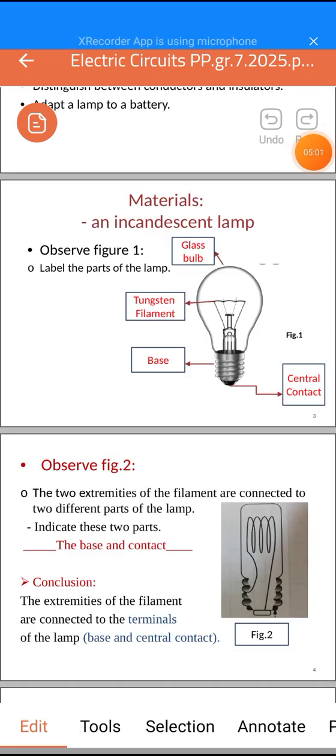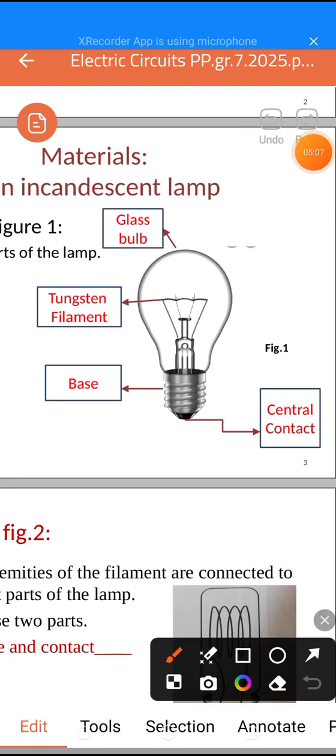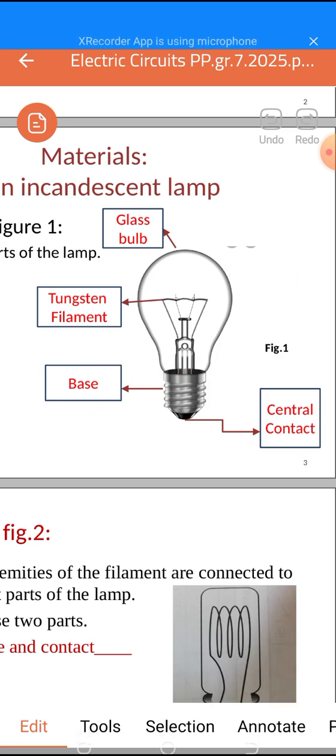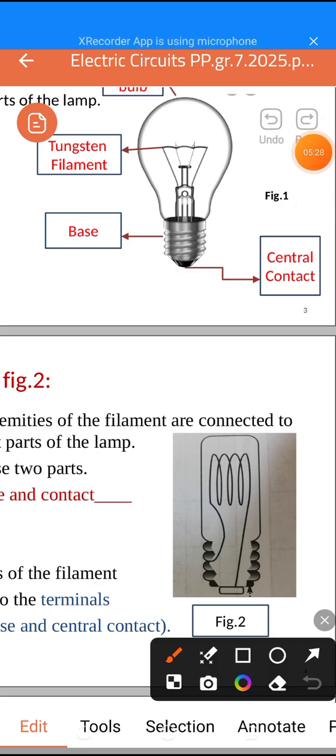So, quick revision. We took the incandescent lamp, we labeled its parts on the figure. Then we said that the base and the central contact are called the terminals of the lamp because we connected from the terminals. Why do we connect it from the terminals? Because inside the lamp, the extremities of the filament are connected to the terminals of the lamp.